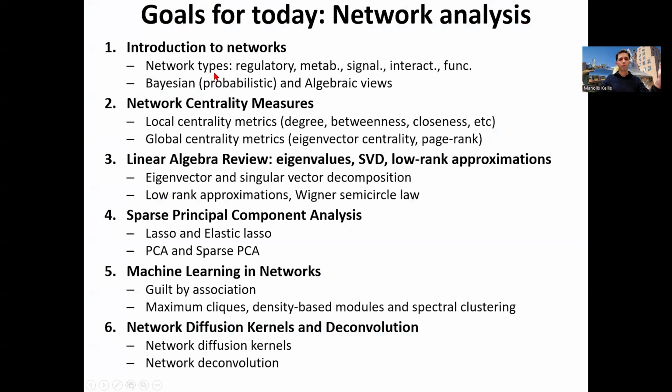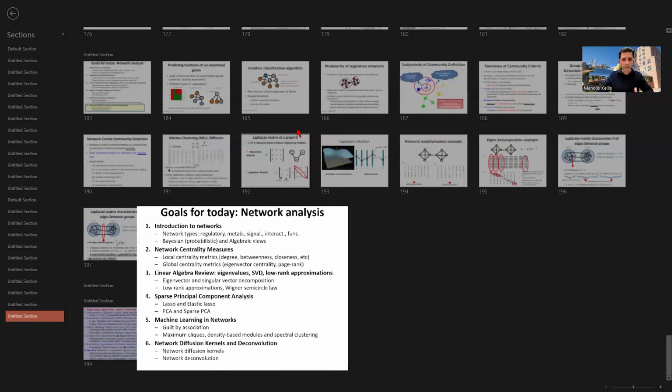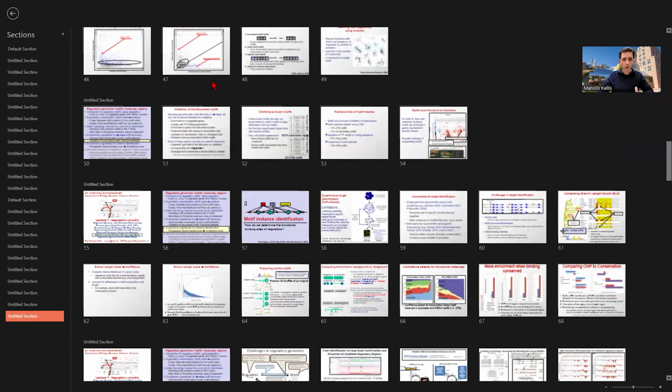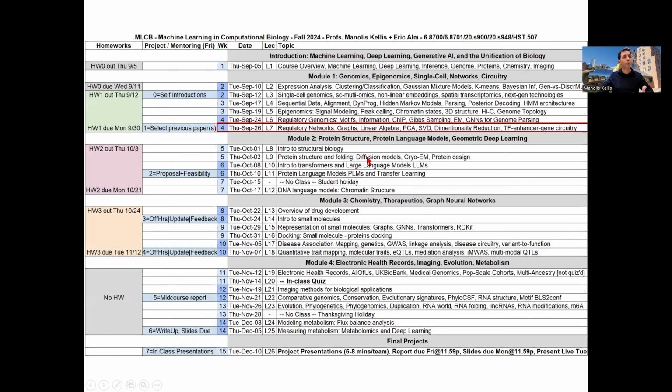And then we looked at how we can take the resulting networks and start analyzing properties of these networks, such as centrality, eigenvectors, principal components, or lower dimensional projections, and how we can actually do machine learning on these networks. And this is the segue to the next 2 modules, where you're going to be learning about all of this in the context of first protein structure and then chemical structure.